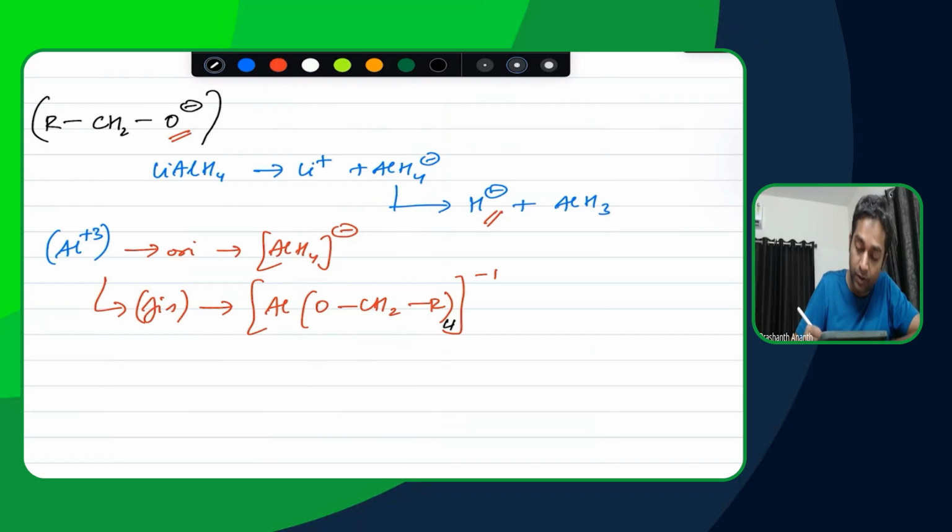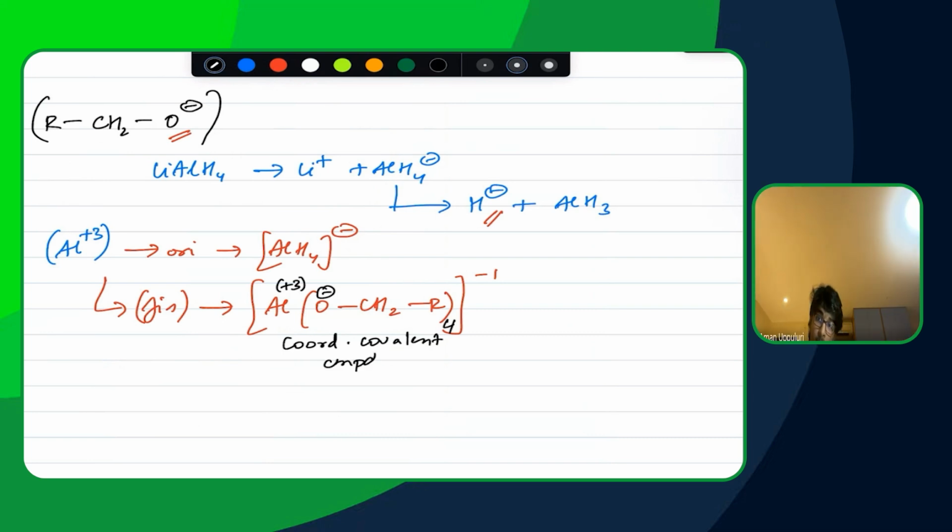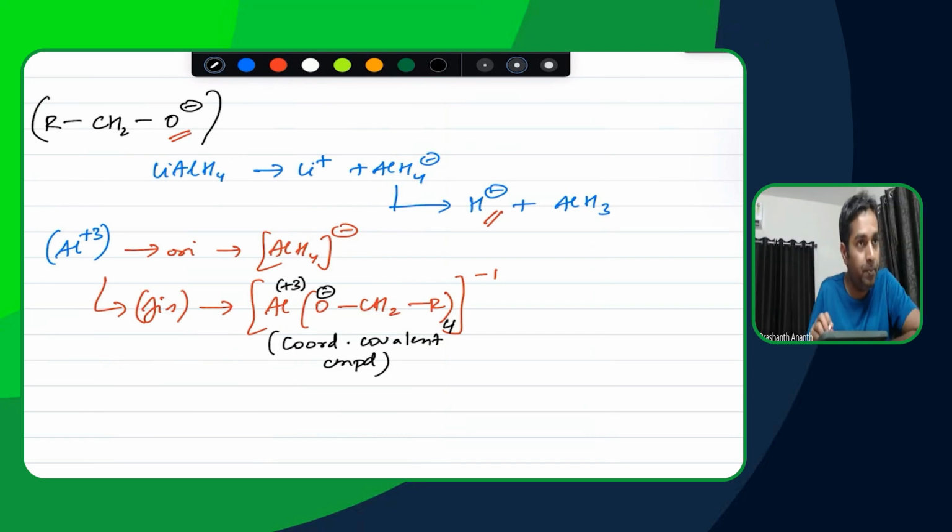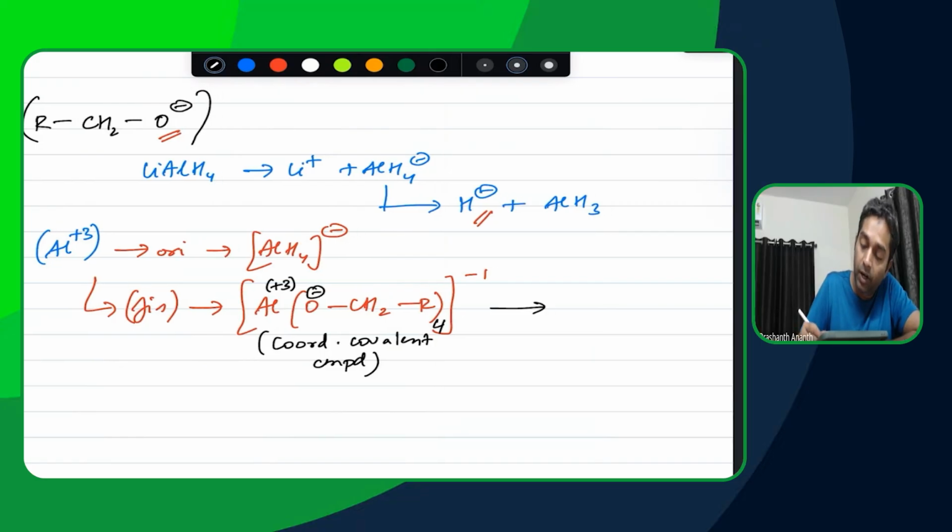There are 4 of these, and the negative charge is on each oxygen individually. The aluminium is going to be with a plus 3. This is a coordination complex. Now this is the one which we are undergoing hydrolysis with.